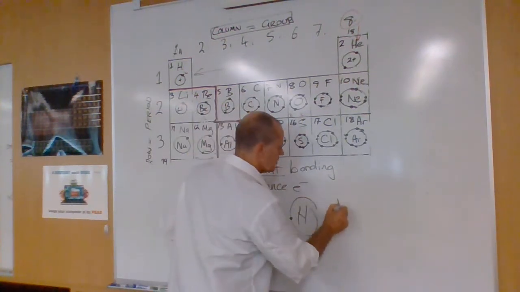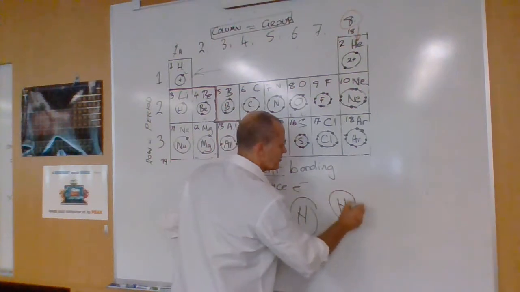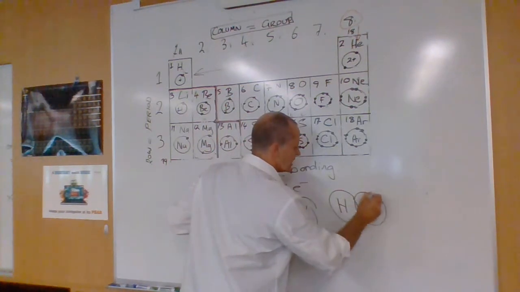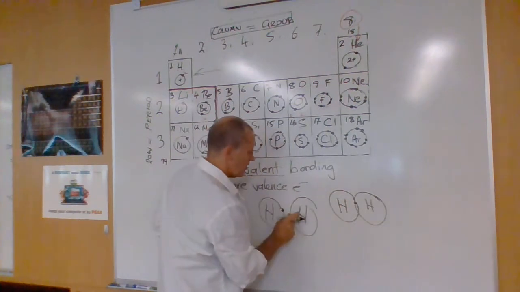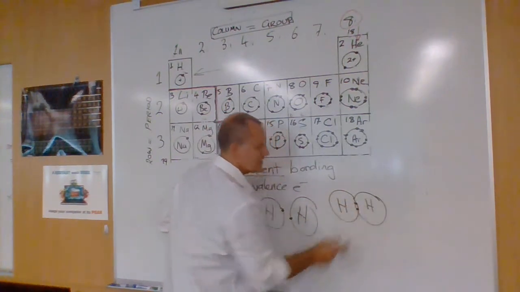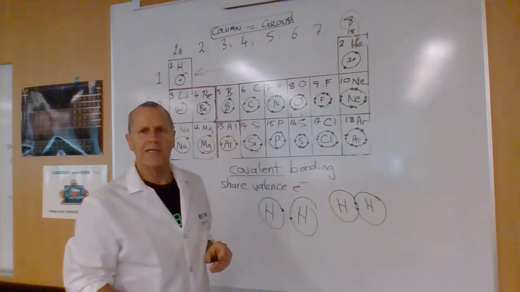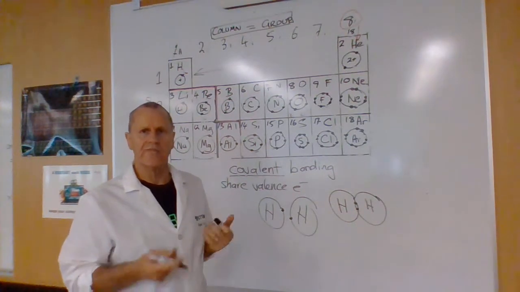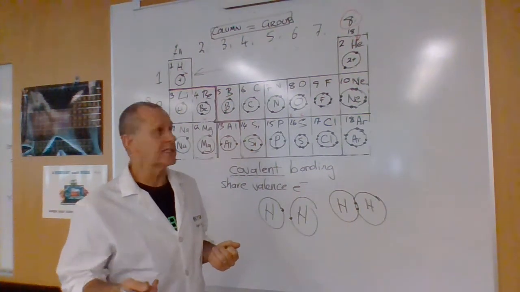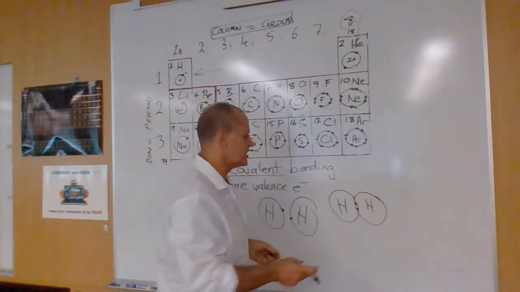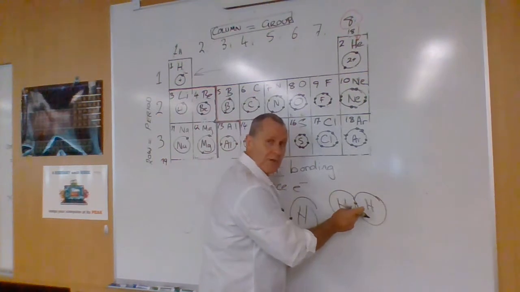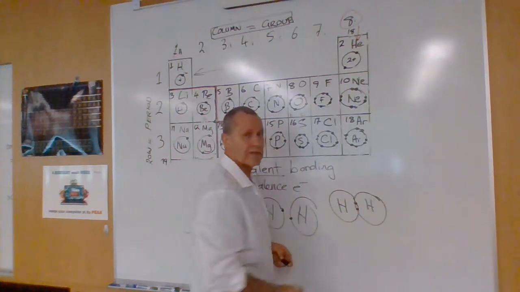And when we draw a covalent bond produced by 2 hydrogen atoms, we place them there. And now this satisfies the criteria of hydrogen to achieve stability. It's got 2 electrons in its outer energy level. Only just, but there they are. And so has the other one.